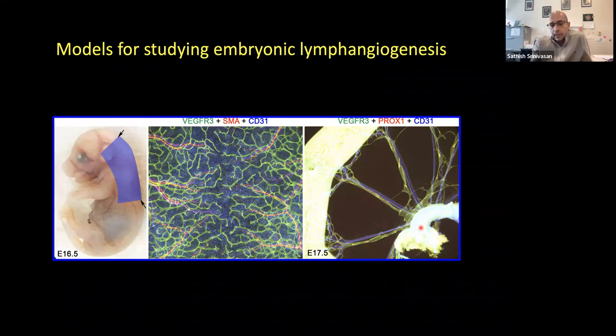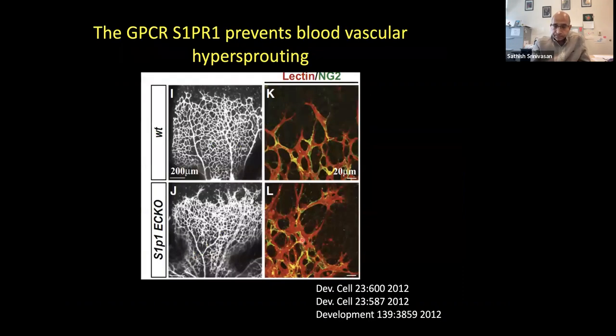From that lymph sac, the lymphatic vessels are migrating along blood vessels towards the gut wall. And then they penetrate the gut wall and form the lacteals inside the gut. So these are two models that we frequently use for studying the growth of lymphatic vessels.